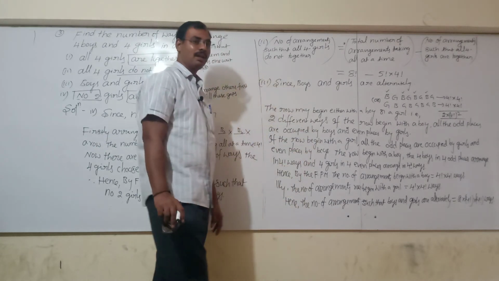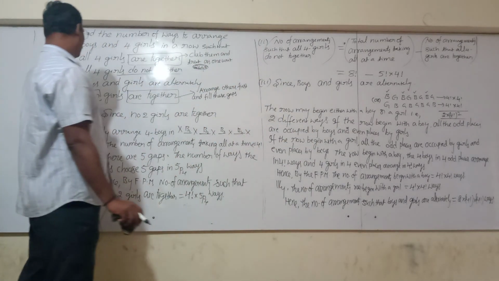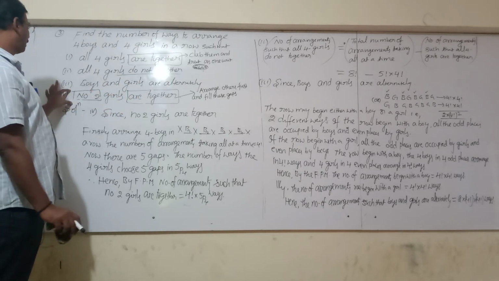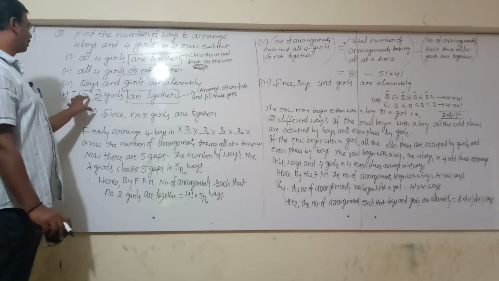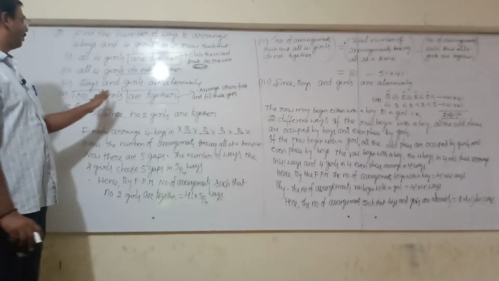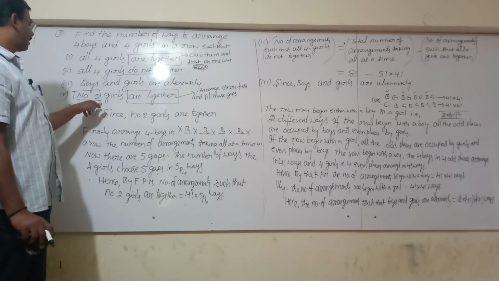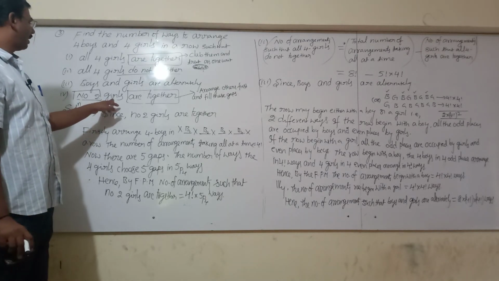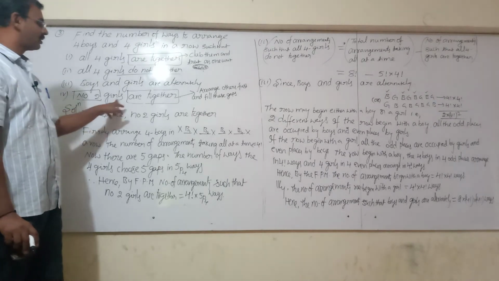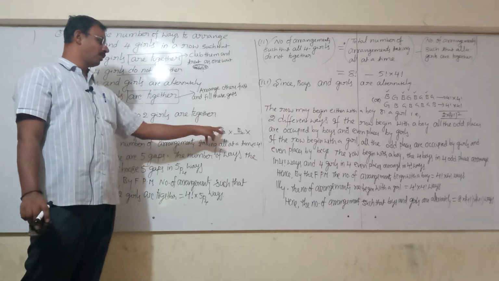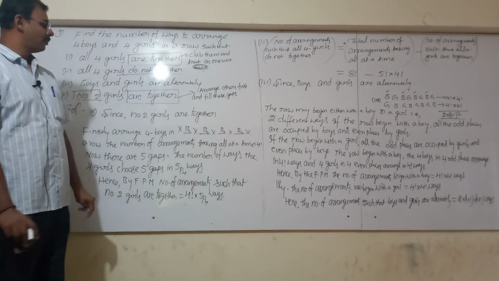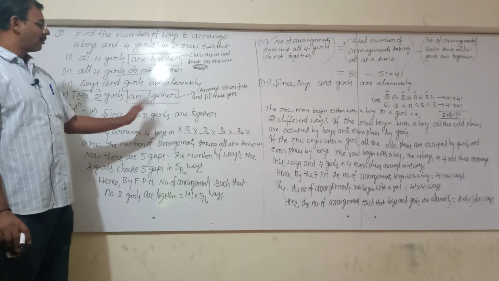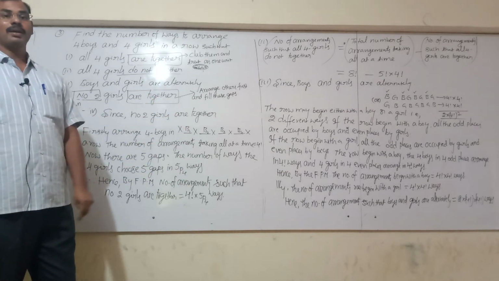This is the model. Next model: no 2 girls are together. These 2 words are very, very important. If no 2 are together is there, we have to arrange others first. Others means other than girls, so boys. Arrange 4 boys in a row, which can be done in 4 factorial ways. Now count the number of gaps.